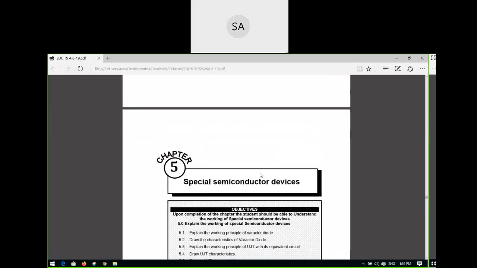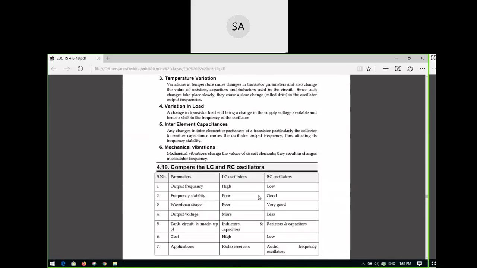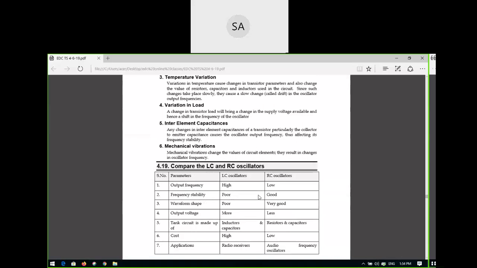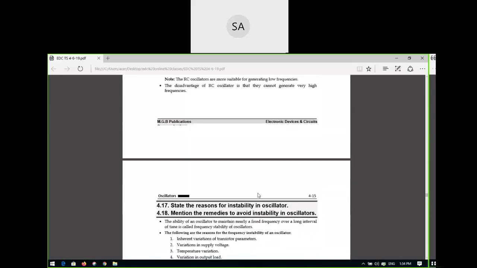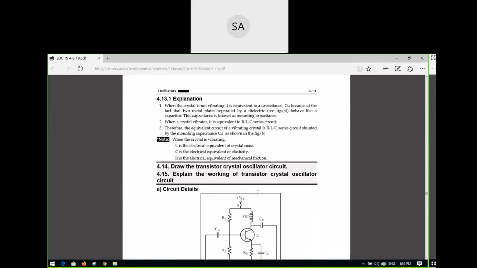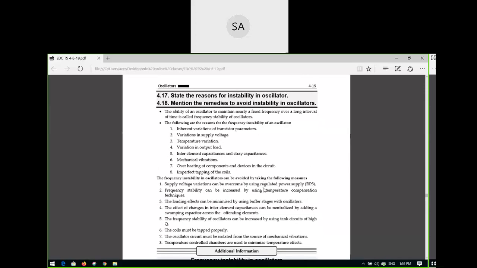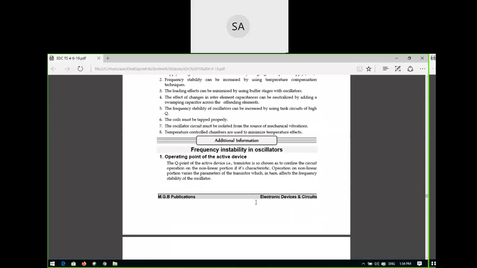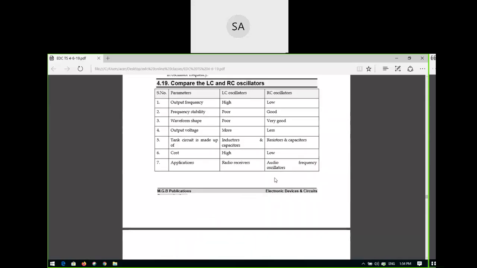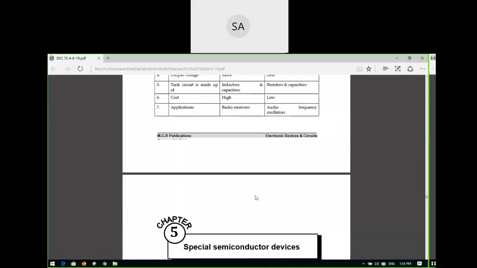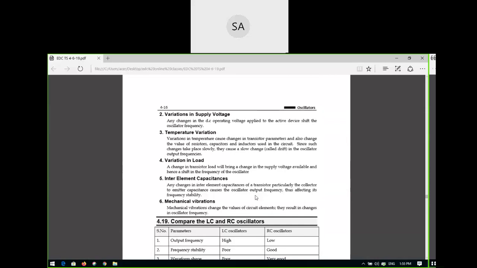So these are the differences between LC and RC oscillators. Is it clear, all of you? Are you able to understand, Bhavishya? Yes, sir. The fourth chapter is a very simple chapter because they are all oscillators.